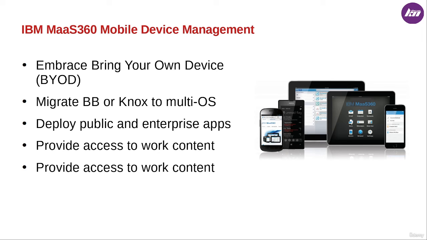Now, the deployment could be public or on enterprise apps. That means, in other words, if we have an MDM controlling my cellular phone, my Android or my iPhone, then I could apply a policy that is going to control what apps I install on that phone.